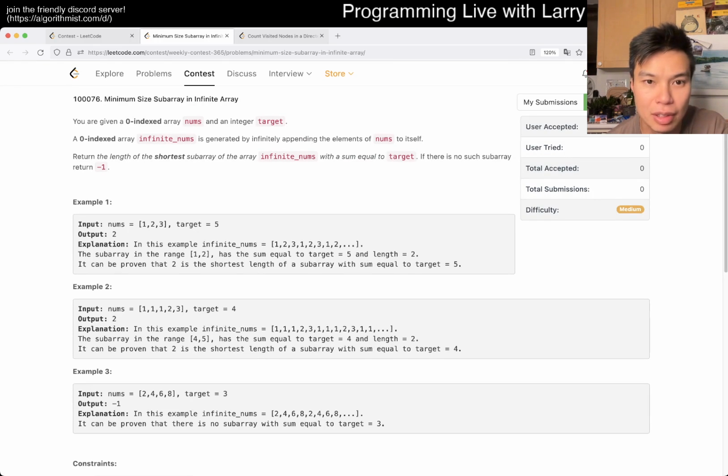I'm not reading this. Okay. It should have been indexed. This is way confusing given that that's a subarray. But okay, fine.